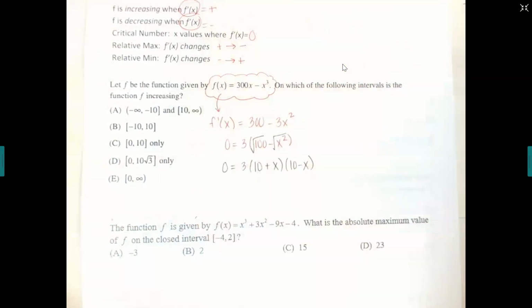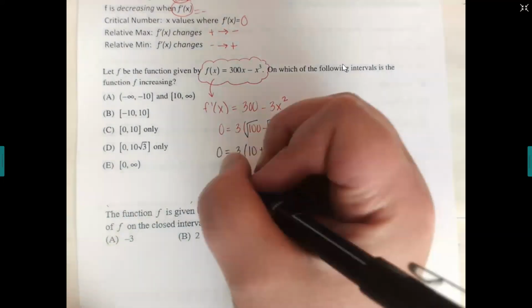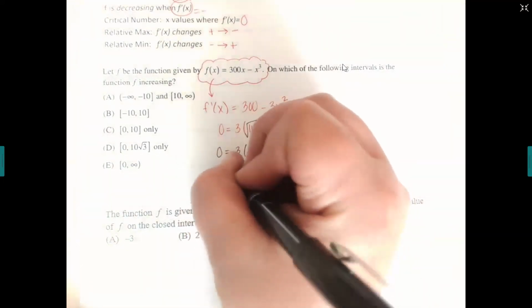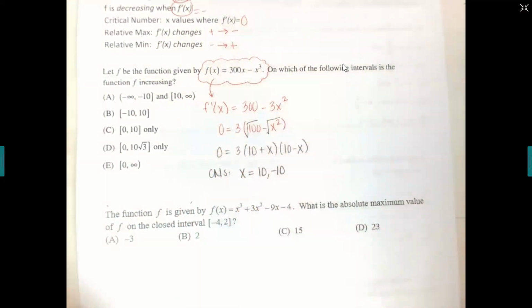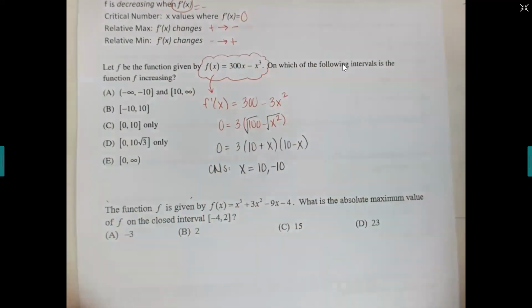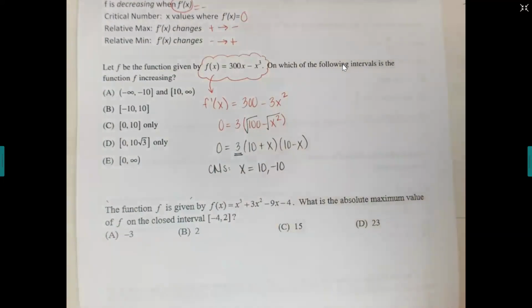You also could take out a negative and then reverse the order of subtraction like we talked about in class today. Okay, then from there, what are our critical numbers? Okay, 10 and negative 10. The only reason 0 doesn't count is because that's just a 3, not a 3x. But if it had an x with it, 0 would be an extra.